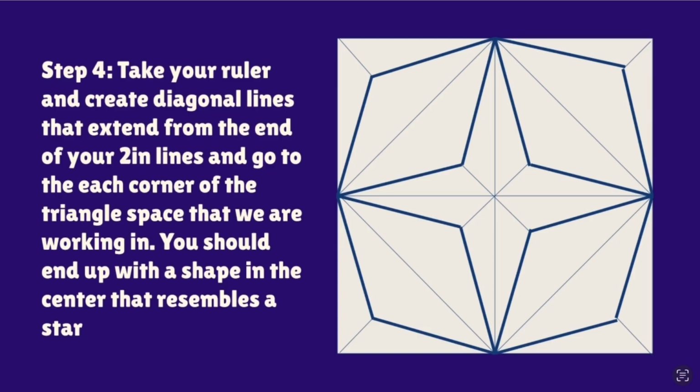Step 4. Take your ruler and create diagonal lines that extend from the ending of your 1.5-inch lines and go to each corner of the triangle space that we are working in. You should end up with a shape in the center that resembles a star.